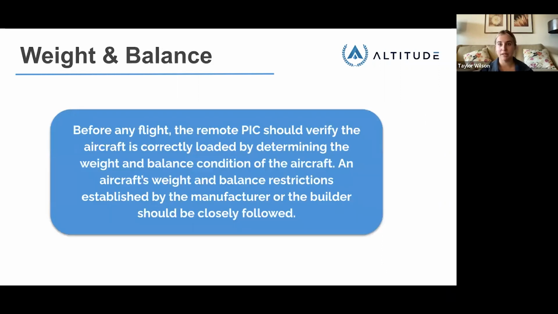Now, weight and balance. Weight and balance is so important to compute. You will find in the manual for your drone how to compute the weight and balance. At the end of the day, the basics of weight and balance is the same, but every manufacturer might have a different way of calculating it.